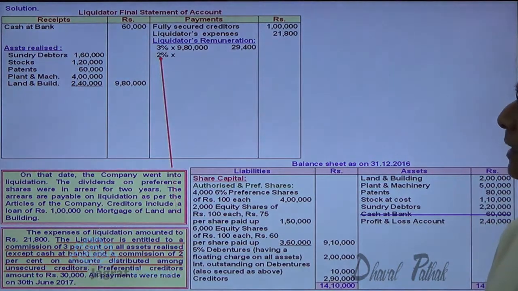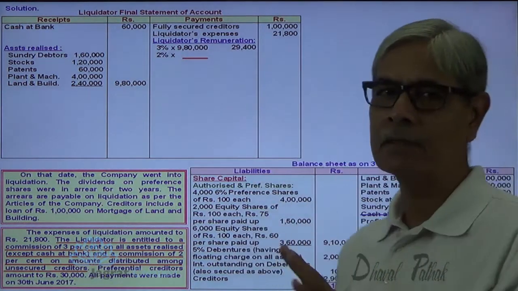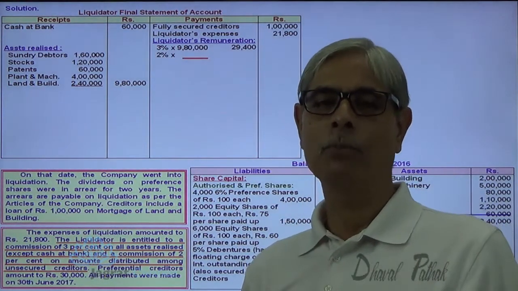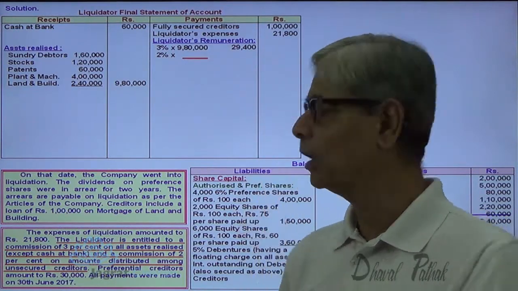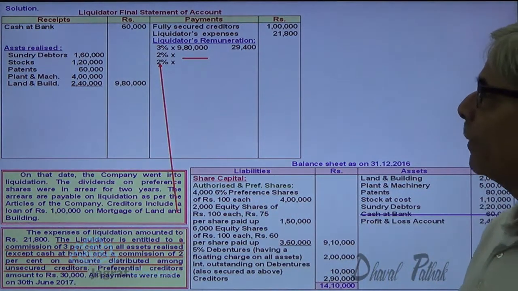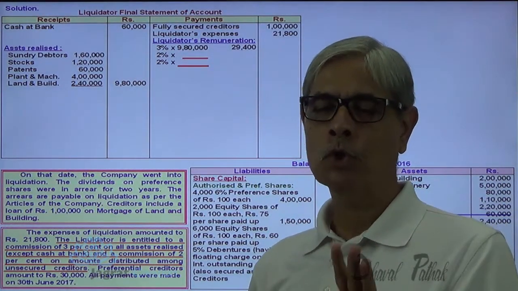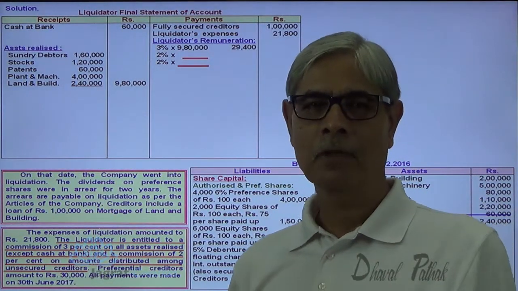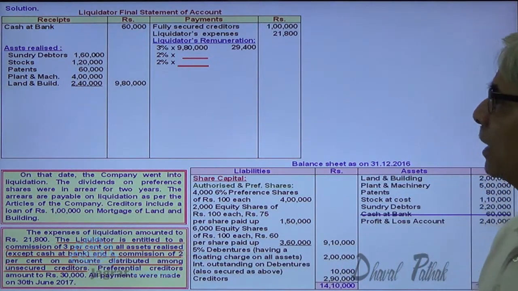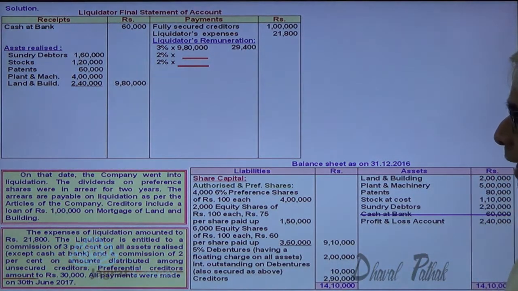So 2% of amount paid to preferential creditors. Yet I have not made any payment to preferential creditors, so I keep a filler. 2% of the amount paid to unsecured creditors, yet I have not paid any amount to unsecured creditors, so I haven't calculated remuneration. The next payment is preferential creditors.